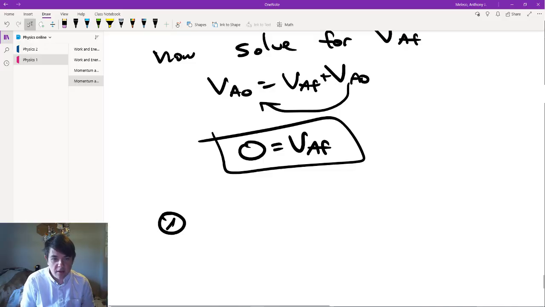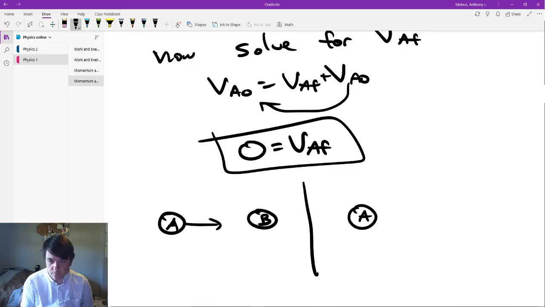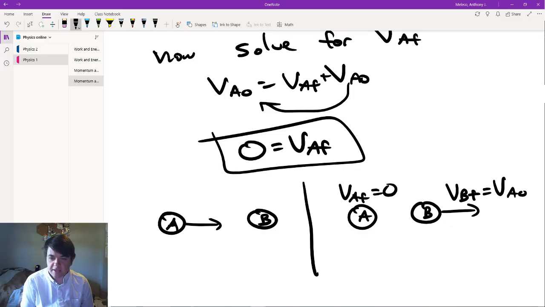So what happens is you have A moving, it hits B at rest. Afterwards, A doesn't move, and then B moves off at the original velocity. I don't know if you've ever seen billiards, but this is exactly what happens. In an elastic collision, the more elastic it is, the more you can get the ball to hit the first one, and then it stops completely and gets the other one moving.